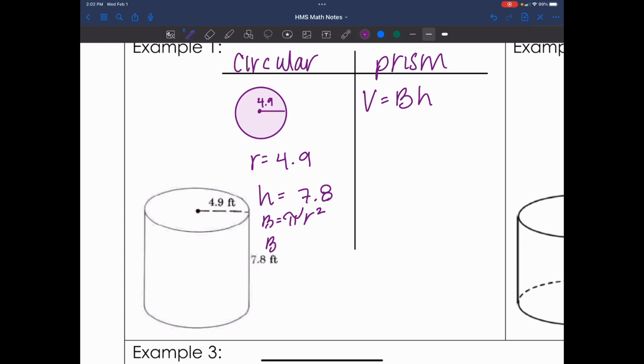So in my calculator, I can just put straight pi, the pi button, and then in parentheses, 4.9 to the power of 2, which rounded to the tenths is 75.4. Oh, I did not plug in my height right away. That's what I should have done, and then marked it out. Cool.